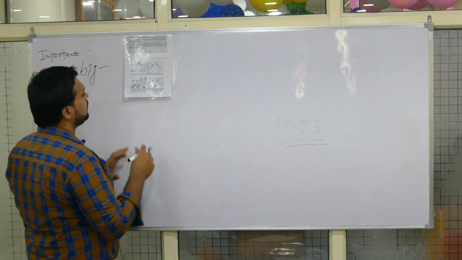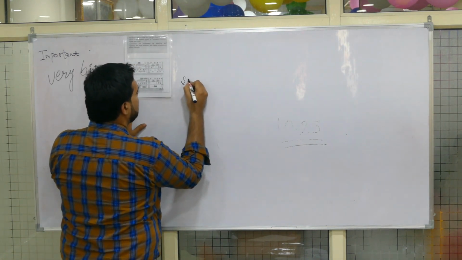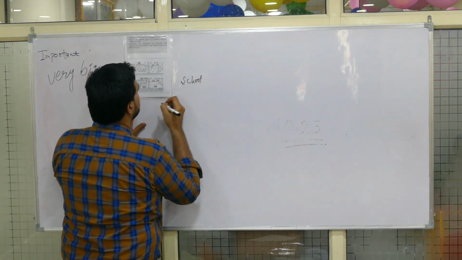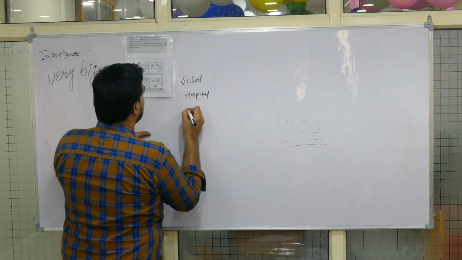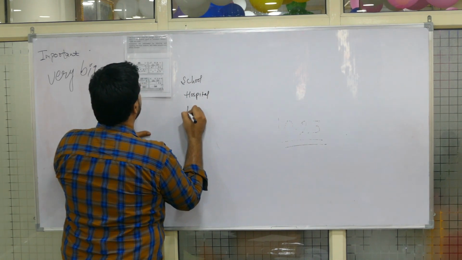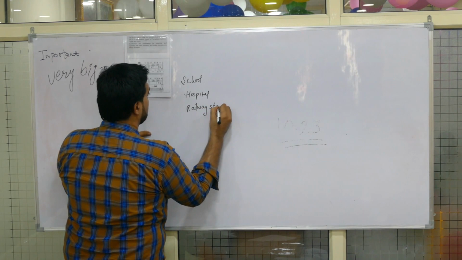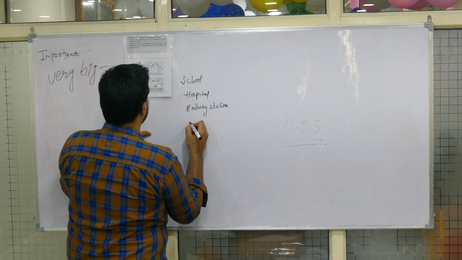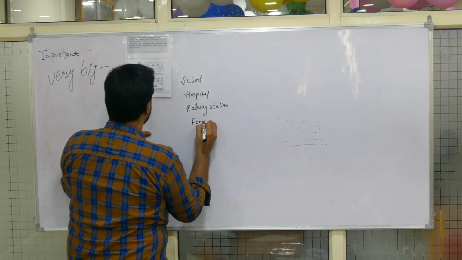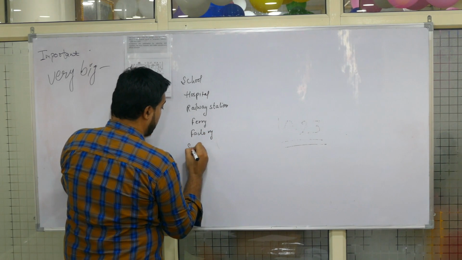Now, first of all, there are various projects we have seen here. For example, I can tell you each and everything. We have seen schools, hospital, railway station, ferry, factory, supermarket.